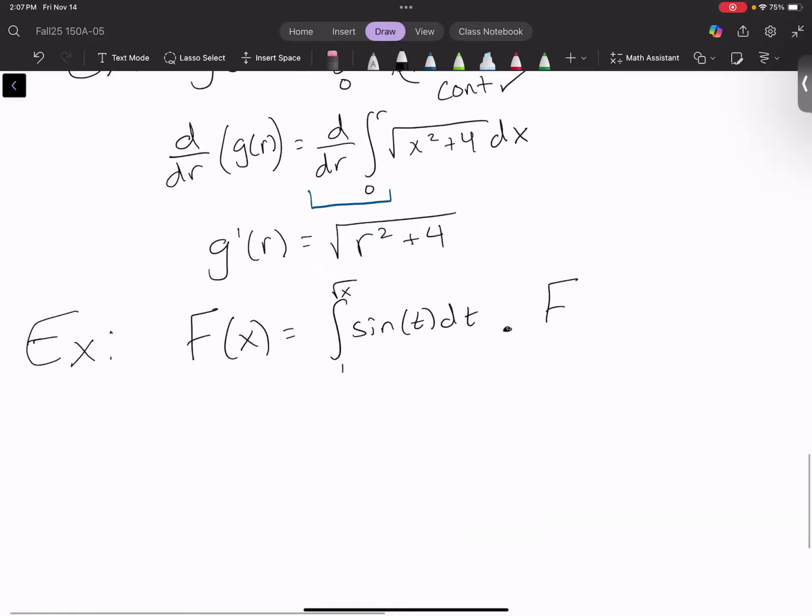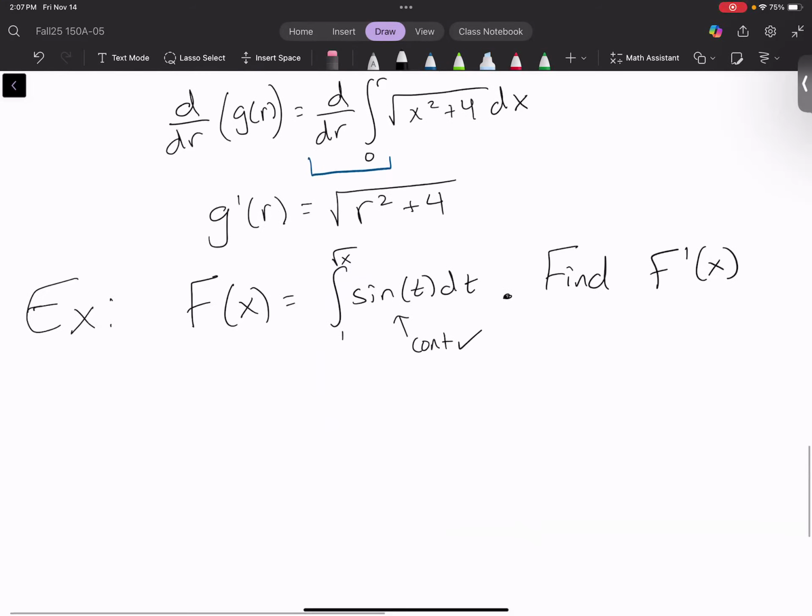Now I want to find capital F prime of x. First step, that's continuous. Check. Now we can jump to the derivative. So capital F prime of x, first step is the same. I just plug my upper bound into that function.